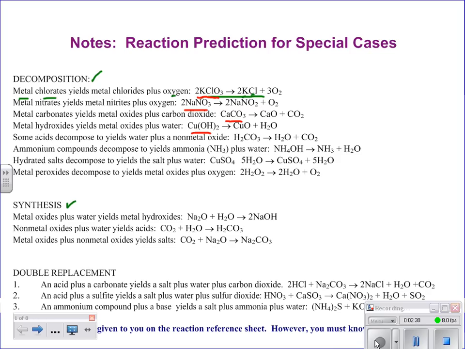Oxygen. So really what you're getting is some polyatomic ions in there that have oxygen in them. So instead of just saying it breaks down to the metal plus that polyatomic ion, it's a little trickier than that. Instead of sodium plus nitrate, it becomes sodium nitrite plus oxygen.